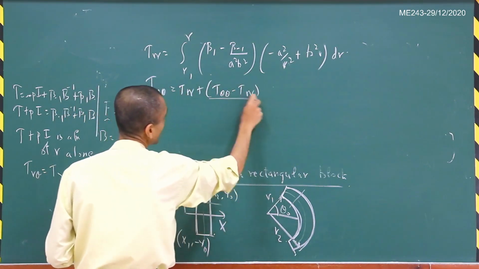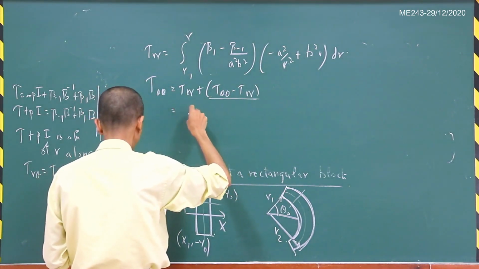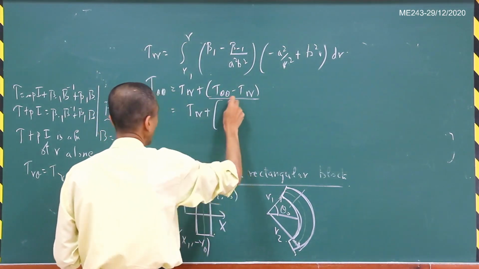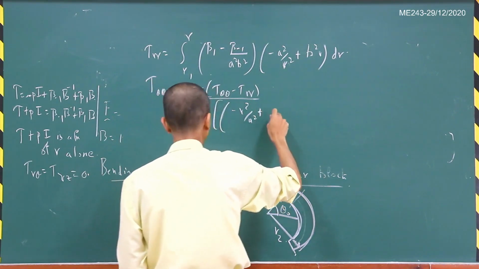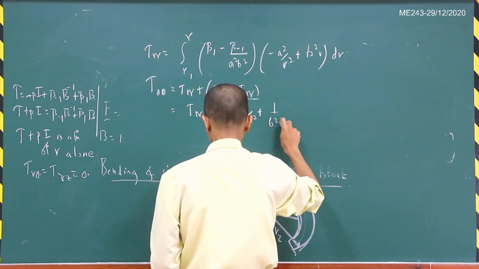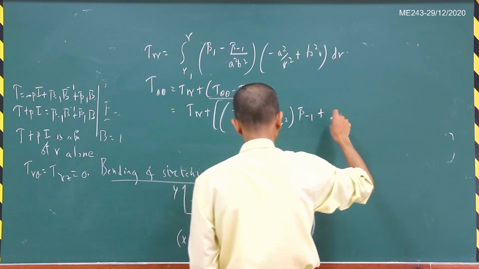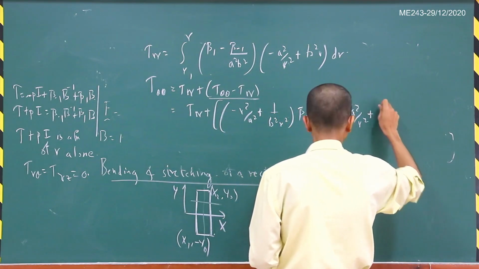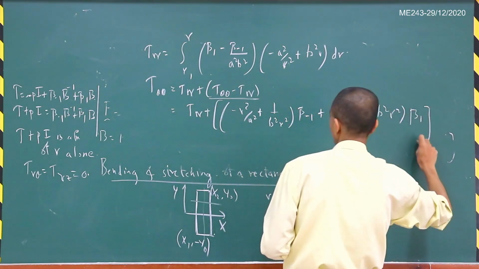So as I said, this trick is used to eliminate the pressure, and this is equal to tau R plus (minus R square by A square plus 1 by B square R square) beta minus 1 plus (minus A square by R square plus B square R square) times beta 1.